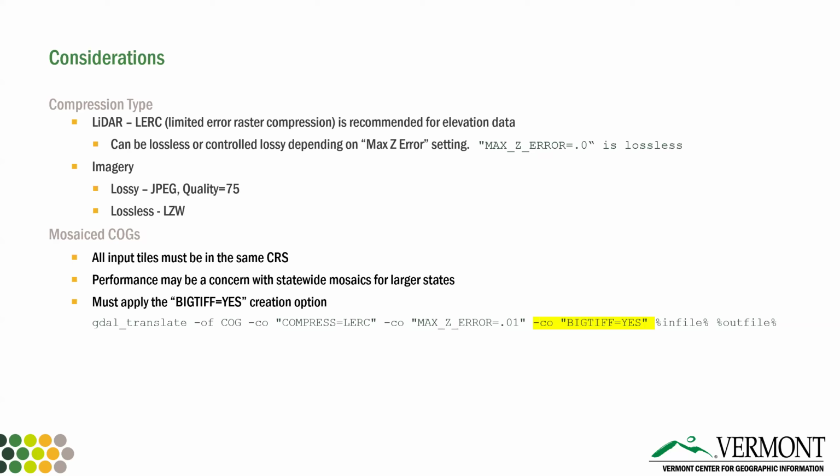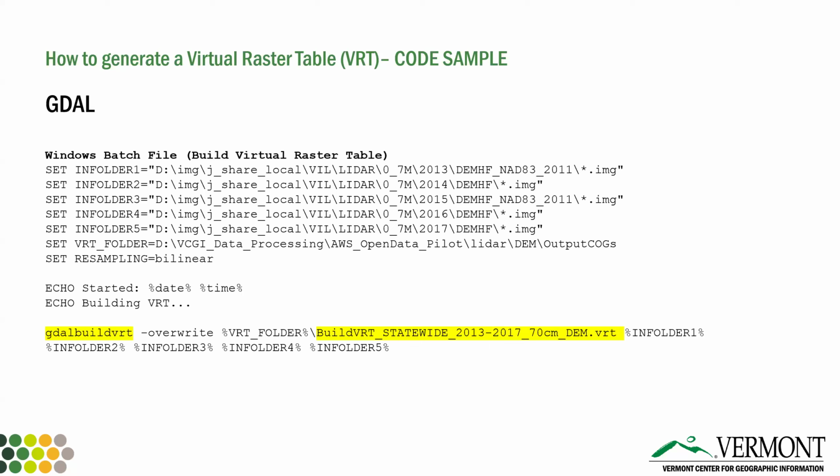In terms of the mosaic COGs that require the VRT, every input tile needs to be in the same CRS. I don't know if you guys caught this right here, the NAD 83 2011. This was before my time here, but the 2013 and 2015 were in different coordinate systems, so they needed to be reprojected in order for the VRT to be functional.